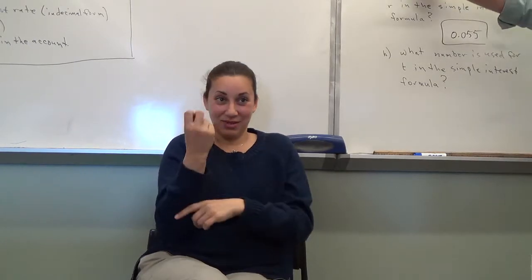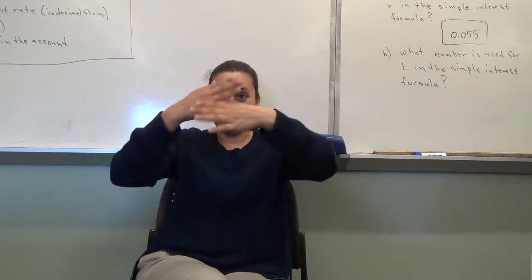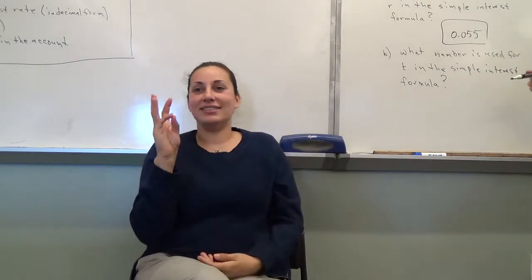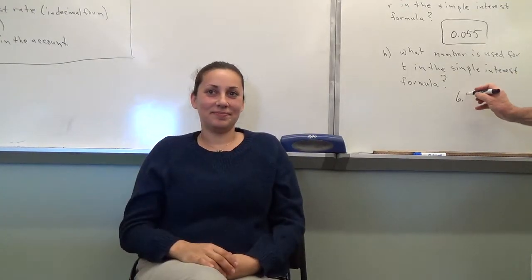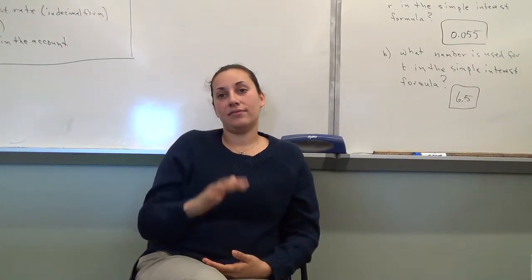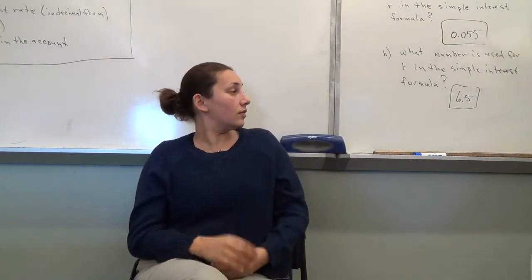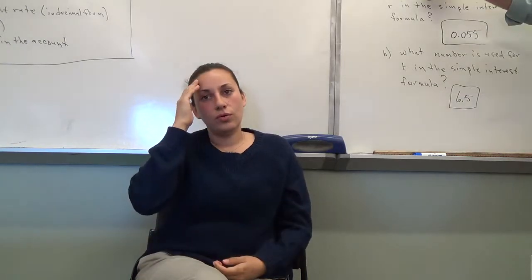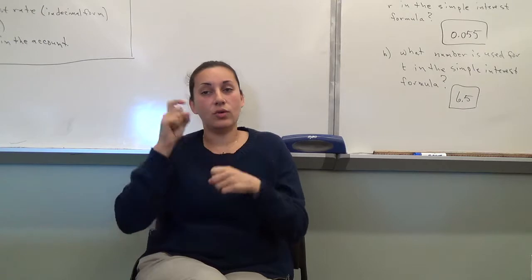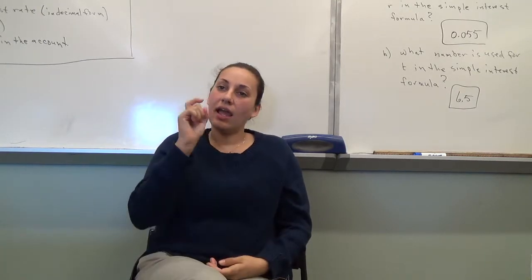So if we divide this by 12, what do you get? 6.5. So this would be 6.5 is what goes in there for the years. So that's just to make sure that you recognize that if you have months or if you have anything other than years, you have to convert it into years. Okay?